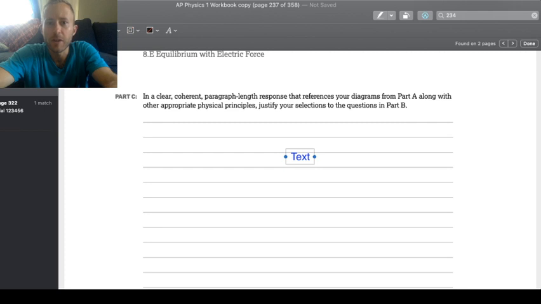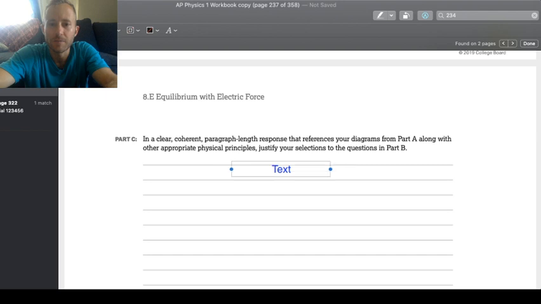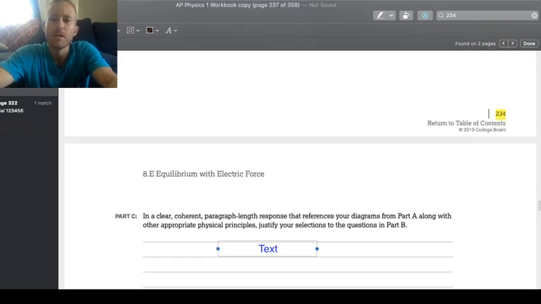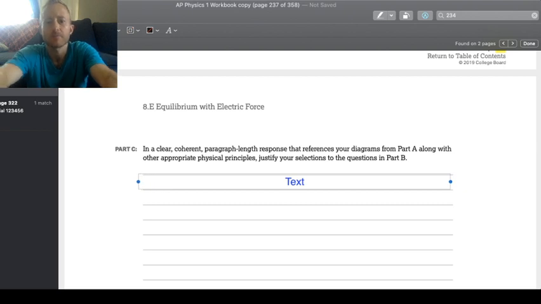So it says in a clear paragraph length response to justify your answers. I just did that, but I will still, since I'm a nice guy, I'll type it out. Why not? Okay. So I would say something along the lines of F equals kQ1Q2 over r squared.